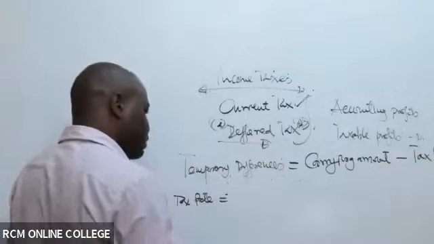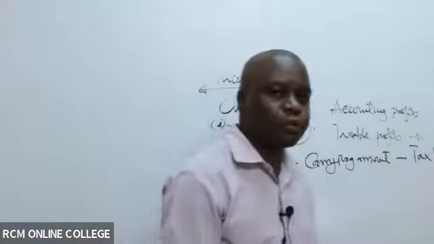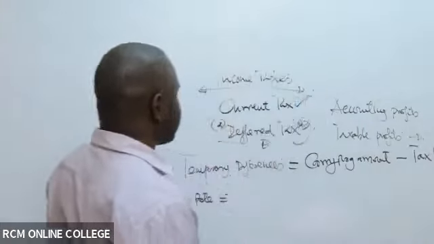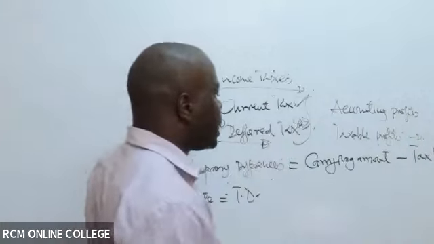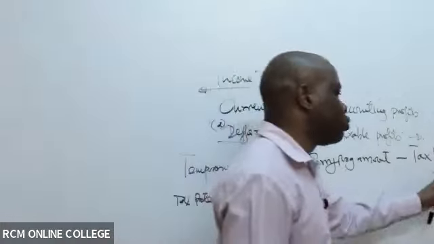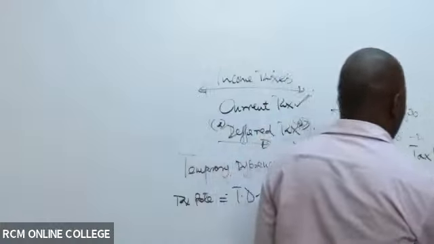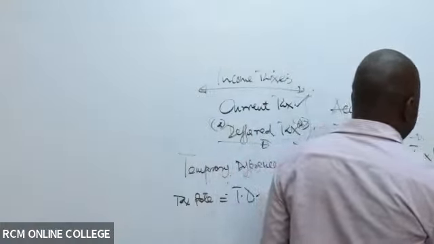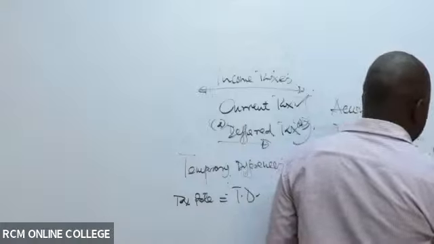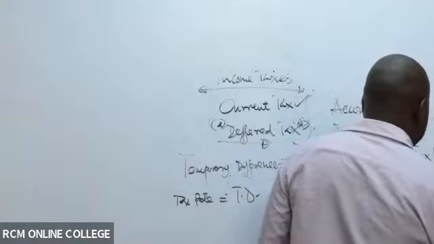that you've been given, maybe 30% or 20%, multiplied by the temporary differences. The difference between the two can lead to either a tax liability or a tax asset.